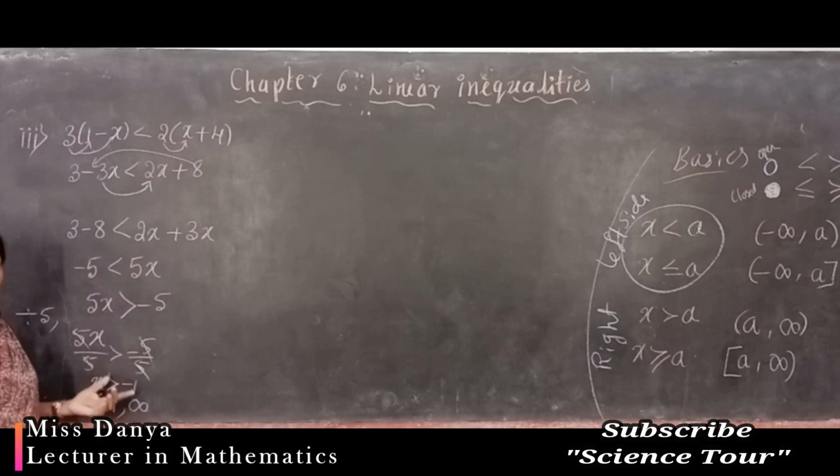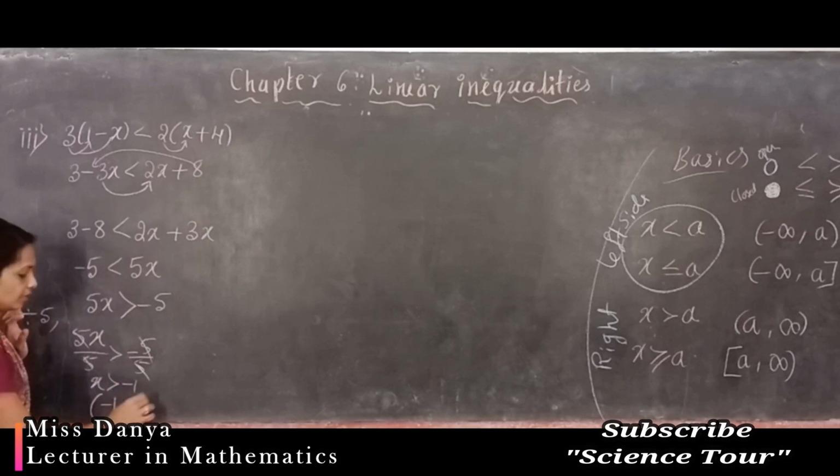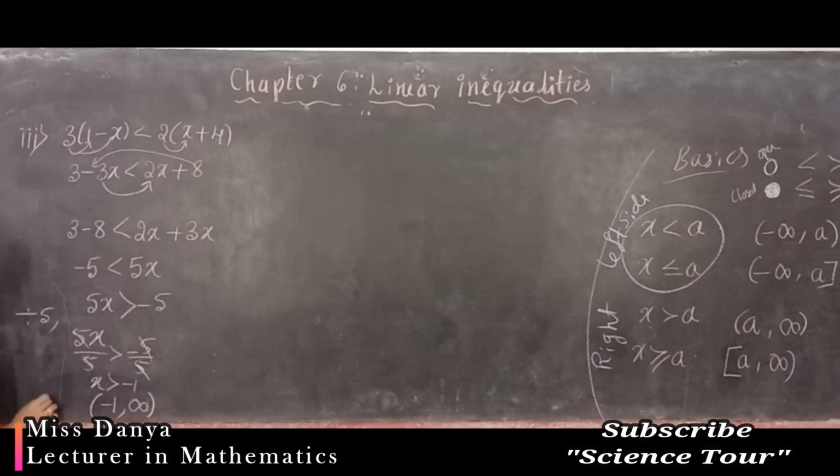Always, if you get greater than or equal to some number, that number you write as the first number, and the second number is always infinity. Infinity side always has an open bracket, and here you have to write x belongs to. X belongs to means you can take any x in this interval, that will be the solution of this inequality.